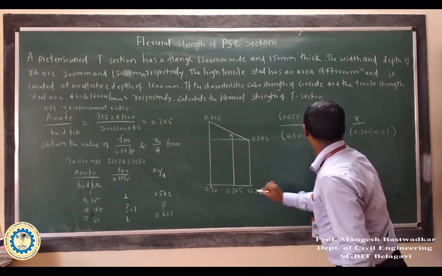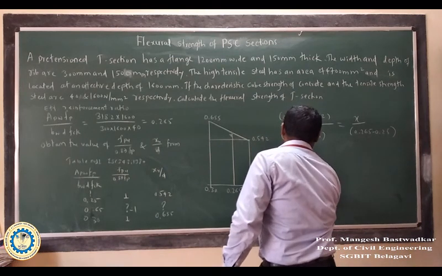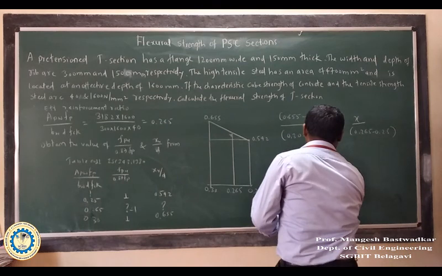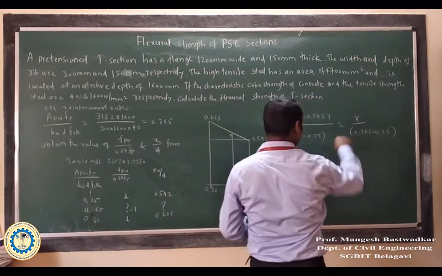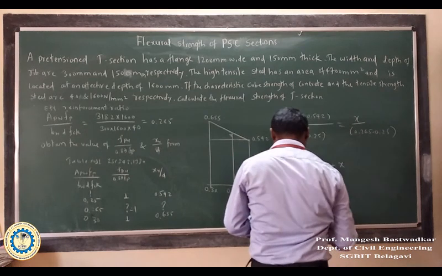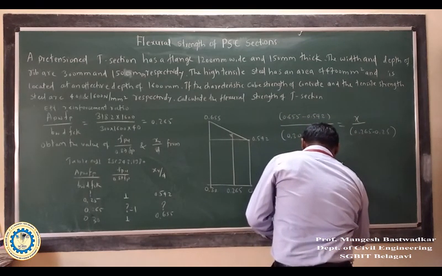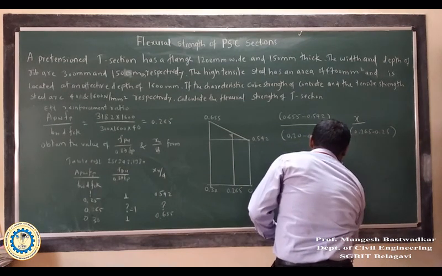Therefore the XU by D value is 0.542 plus the value of X. Calculate from this, and you will get XU by D is equal to 0.56.